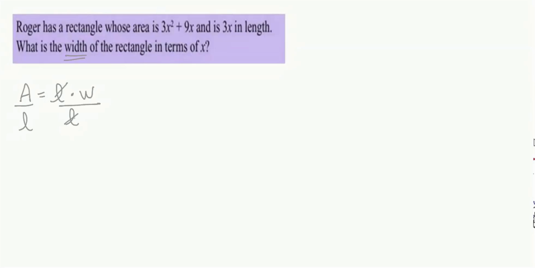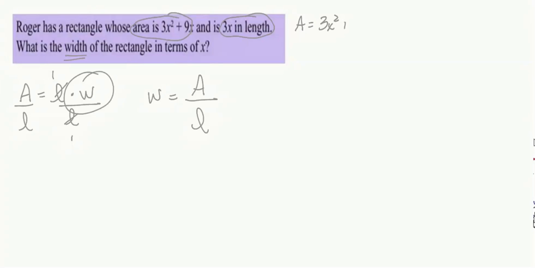Well, okay, what's going on here? Then we have the width would be equal to the area divided by the length. So here's our area, and here is our length, right? We know area, 3x squared plus 9x, and we know that the length is 3x. So let's fill that in. We're going to just go ahead and tack it onto this.